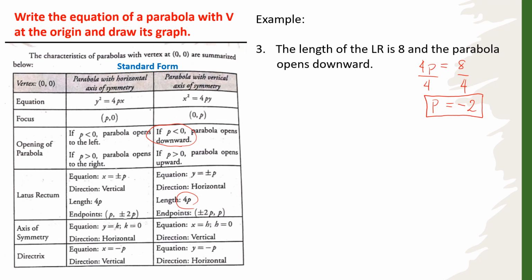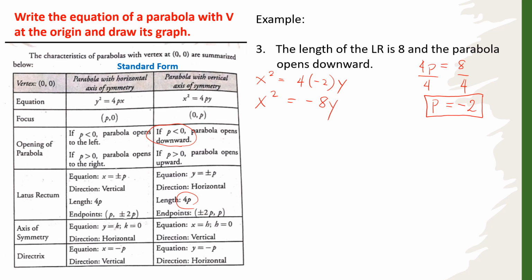Now, to continue, to get its equation, use p being what? Negative 2. So x squared is equal to 4 times negative 2 times y. And that is x squared equals negative 8y. Okay?